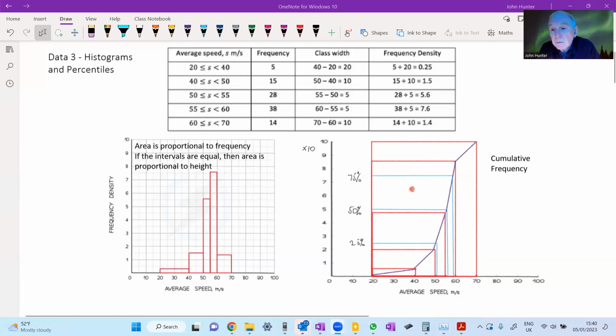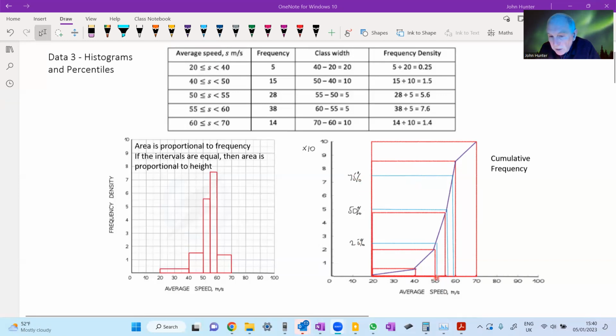But we're interested here in the median, and it also gives us an idea about the spread. Very often we're interested in how wide the interquartile gap is. The interquartile gap is the gap between the quartiles, and the quartiles are 25% and 75%.